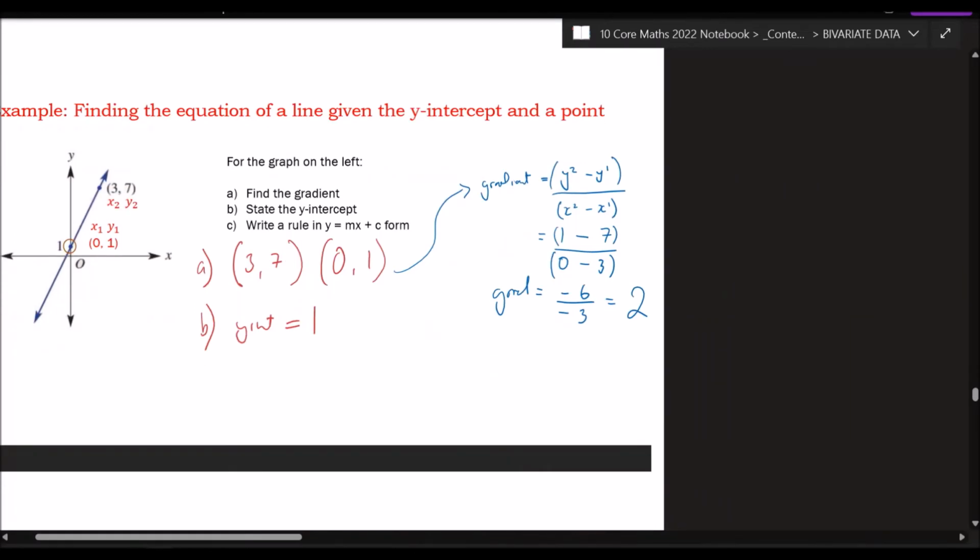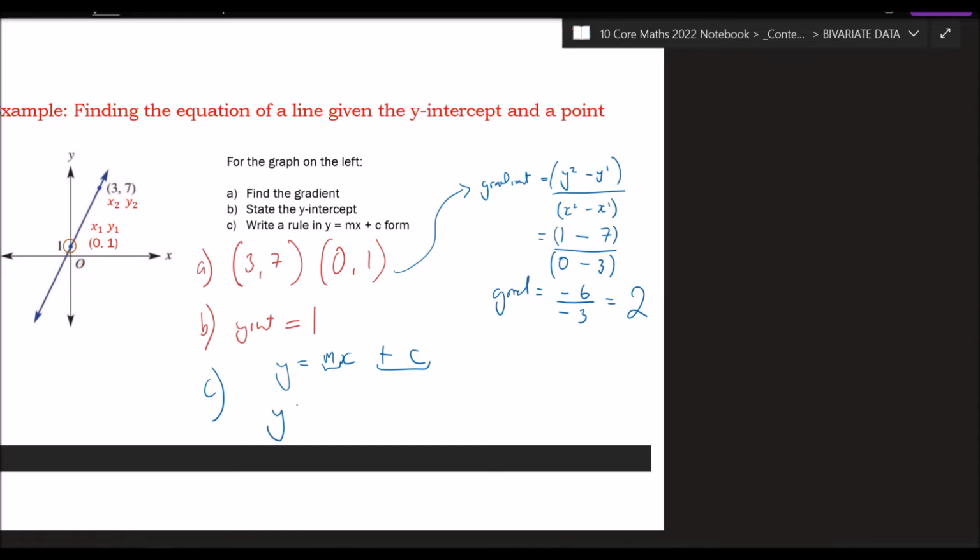State it in y equals mx plus c form. So y equals mx plus c. There's only 2 things you're changing: m and c. Remember, c is the y-intercept, and m represents the gradient.